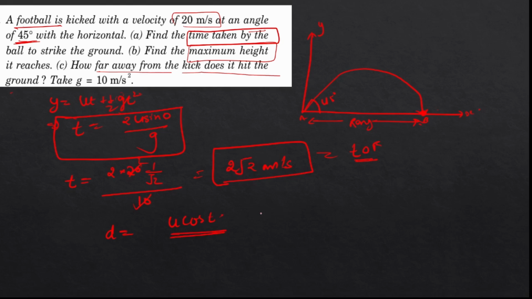In the last session we found the range in a very thorough, detailed manner, so you can watch that session. So here its velocity is 20, and cos 45 is again 1 upon root 2, into 2 root 2. From here its range would be 40 meter. So d is 40 meter. This is the range of this projectile, meaning its horizontal distance from its initial point to its final point, right?